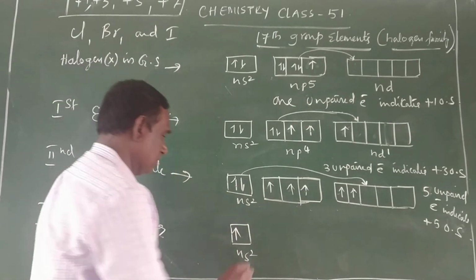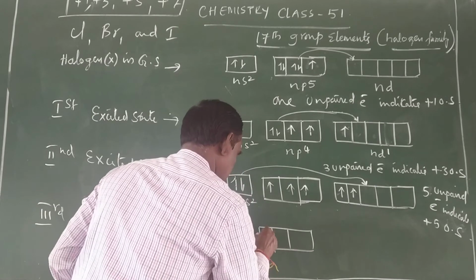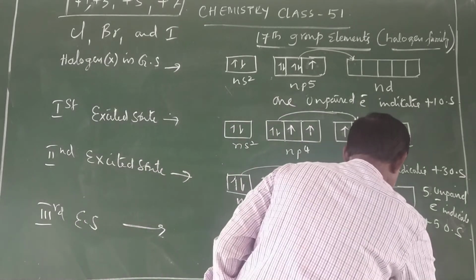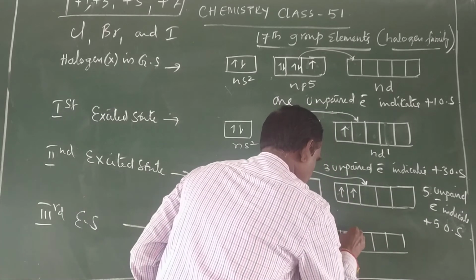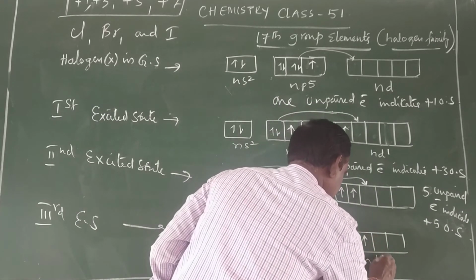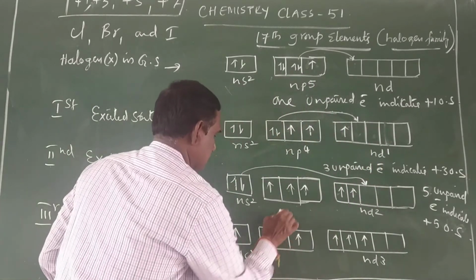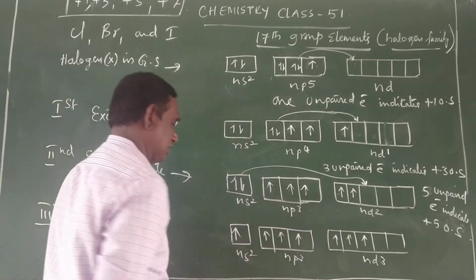Now this is 3 electrons as usual, 1, 1, 1. But here you see the nd 1, 2, 3, 4 and 5: 1 electron, 2 electron, 3 electron. This is nd3, this is nd2, this is nd1. So this is np3 of course.